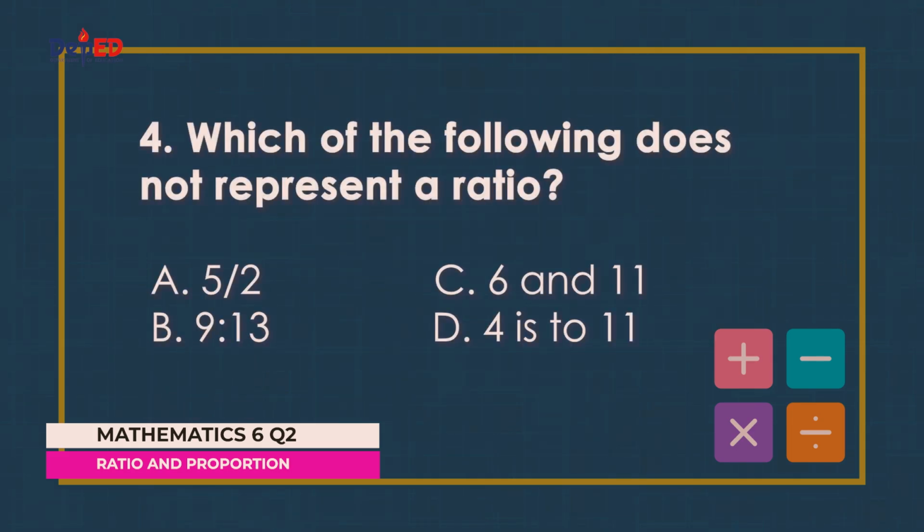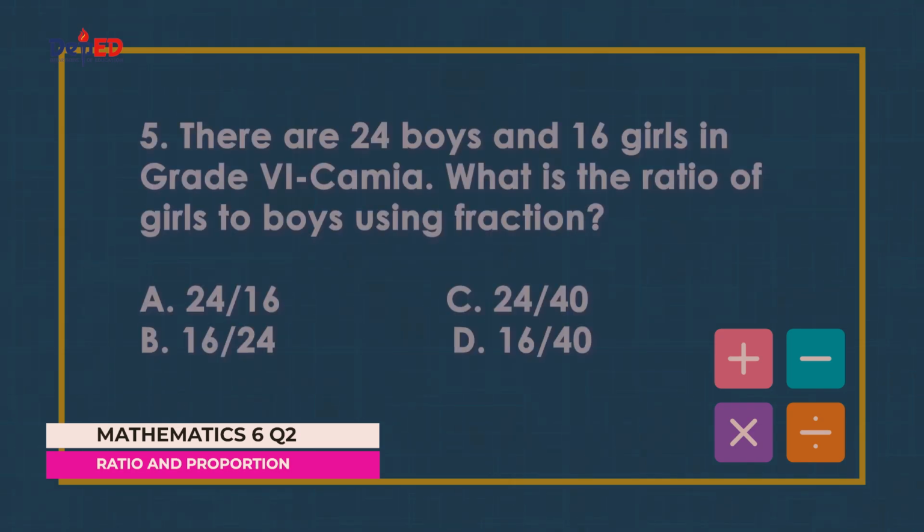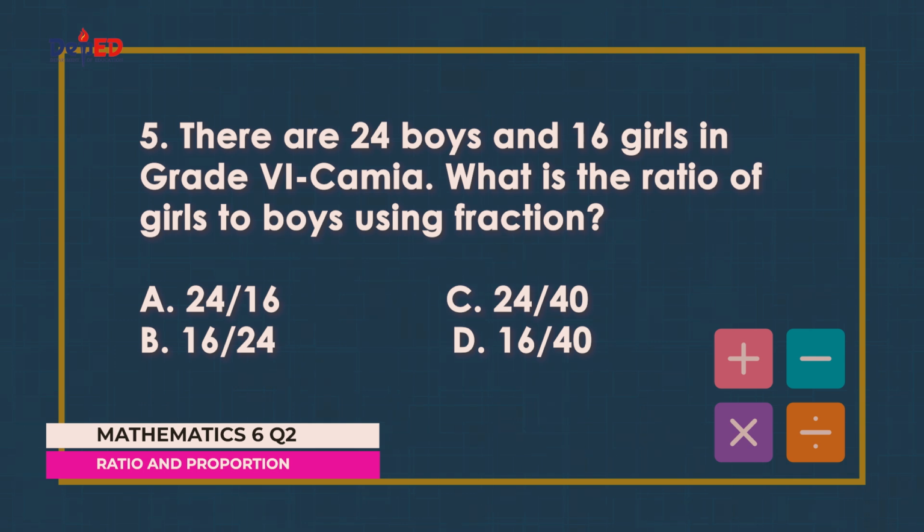Number 4. Which of the following does not represent a ratio? Letter A, 5 halves. Letter B, 9 is to 13. Letter C, 6 and 11. Or letter D, 4 is to 11. Number 5. There are 24 boys and 16 girls in grade 6.